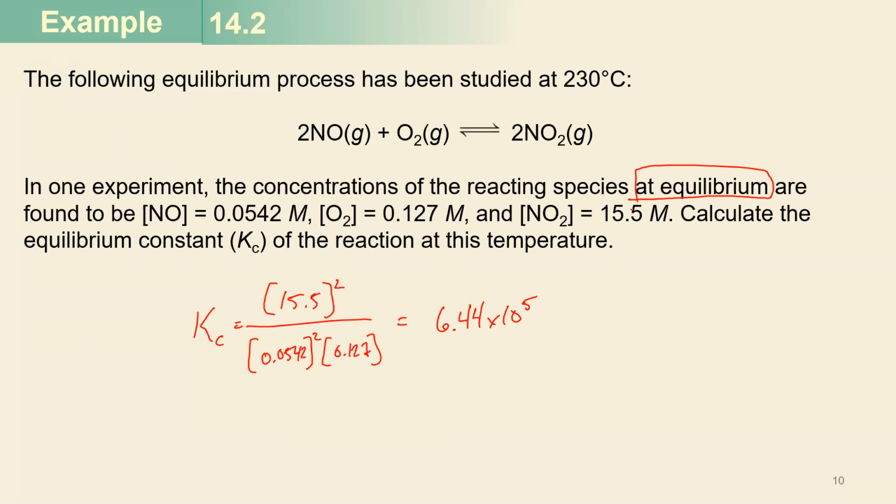Products over reactants raised to the power of the coefficient. We just had to plug in all of those values and do a little math. Remember too, the convention is that we drop the concentration unit from our numbers as we plug those in, and so our Kc is unitless.